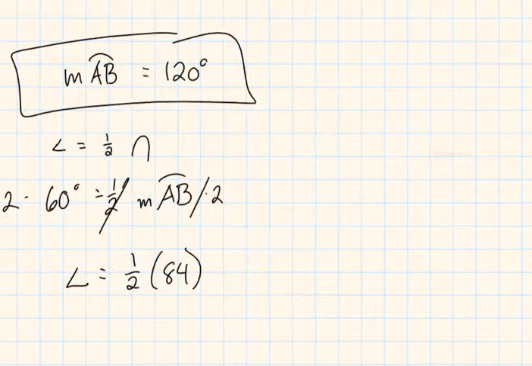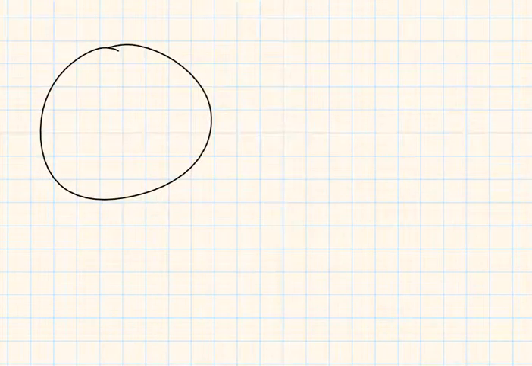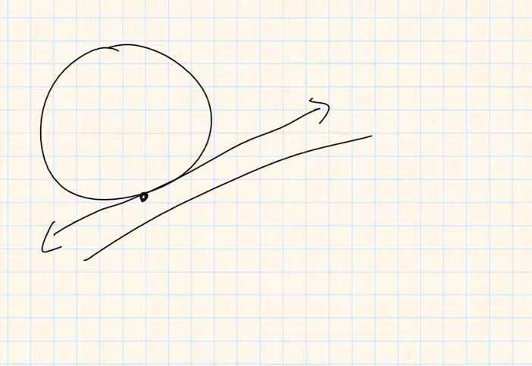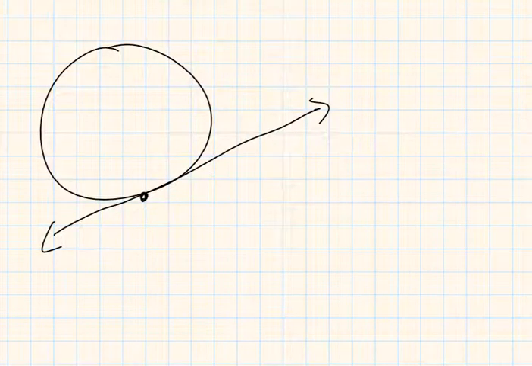And this brings us to the last angle theorem that I kind of want to talk about here. If we have a tangent, we know that there are 360 total degrees in a circle, yet there are only 180 degrees in a line.